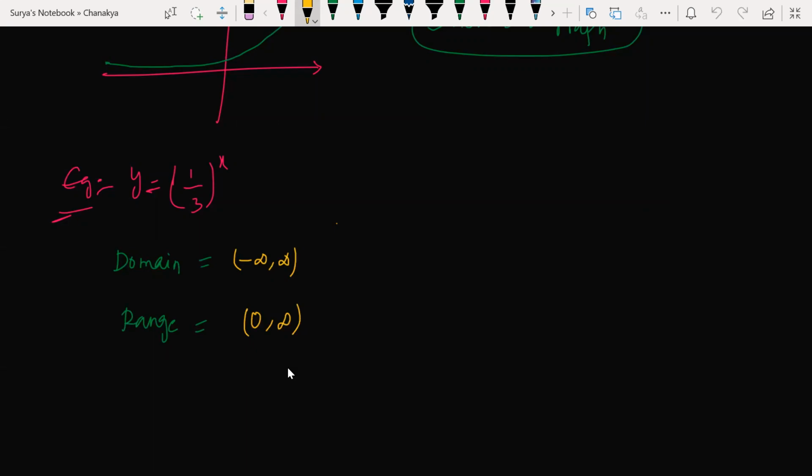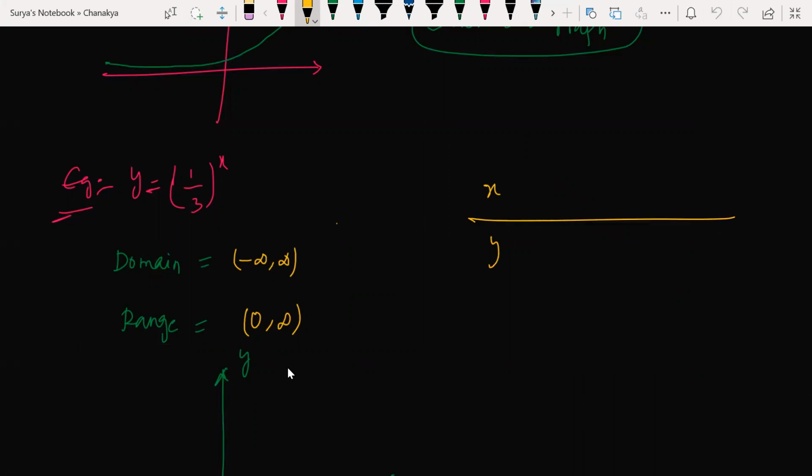Let's see now how its graph will look. Now this is y-axis, this is x-axis. Before getting into this, I'll just tell you one thing. Let us keep it aside. First of all, tell me, let's take some values.